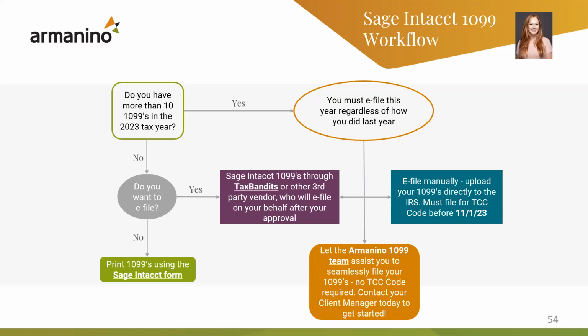And since everyone here is a Sage Intacct client, Sage Intacct does partner with Tax Bandit. And so with the partnership with Tax Bandit, they will e-file for you based on your 1099 report in Intacct. So you'll review everything in Intacct, send it over to Tax Bandit, and they will submit on your behalf.